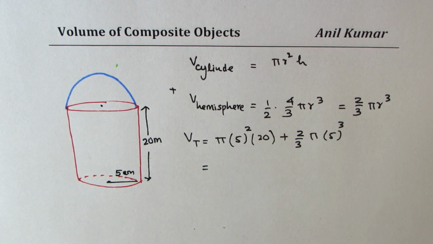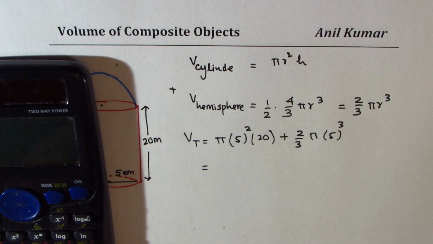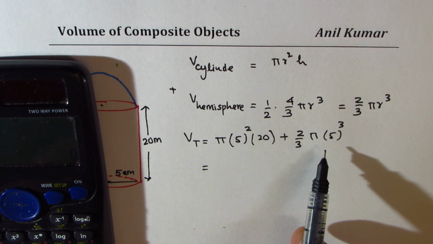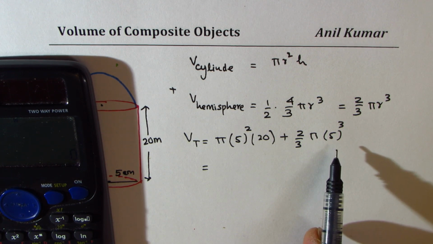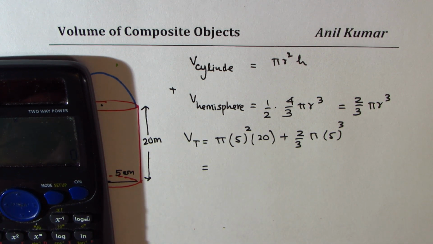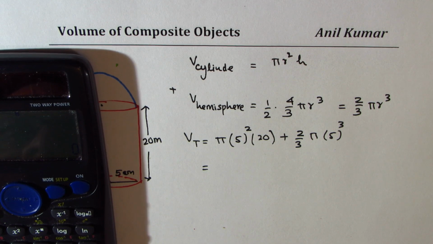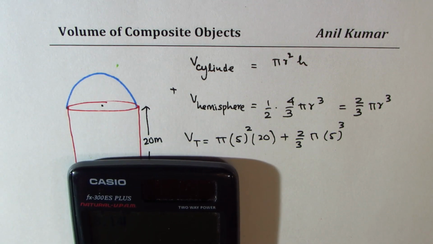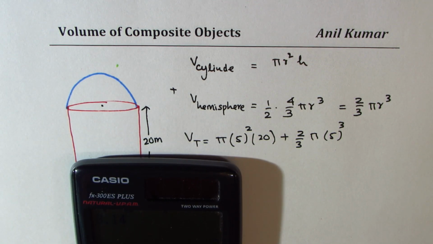We can use the calculator to find this answer, right? Some of you can also simplify this a bit and then get the answer, okay? So let's calculate it straight. So we'll use 3.14 for our calculations for pi times 5 square times 20 plus 2 times 3.14 times 5 cube divided by 3 equals to.